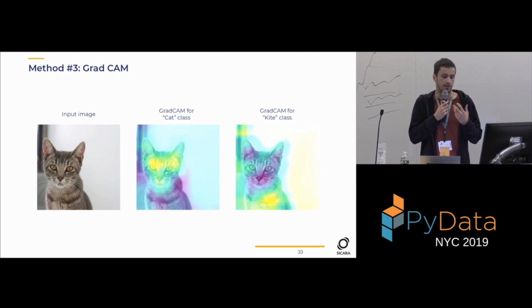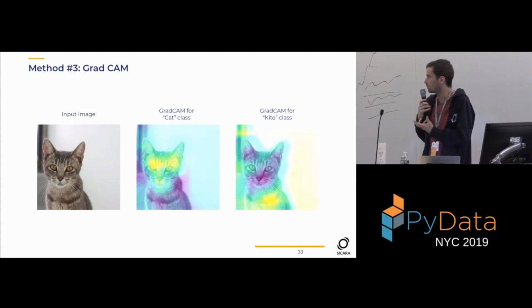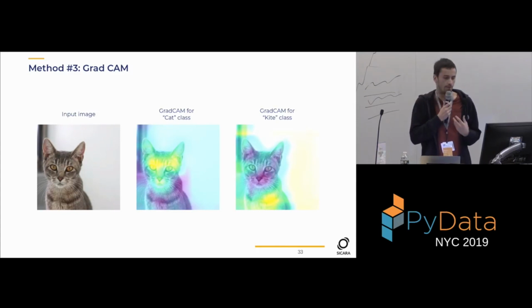And what we observe is that even for the kite, the cat becomes a really cold zone, which means it identifies that those features are not at all relevant to the kite, and they just make the confidence drop for this class.